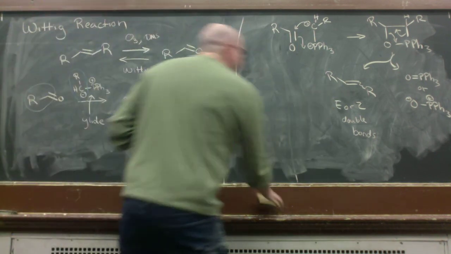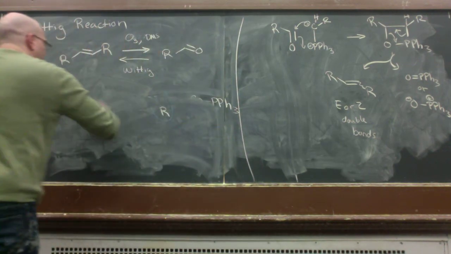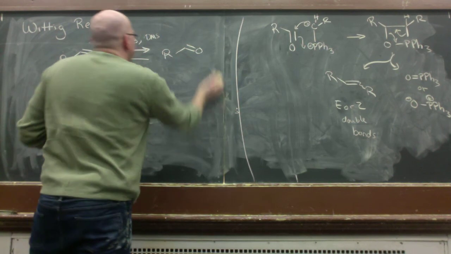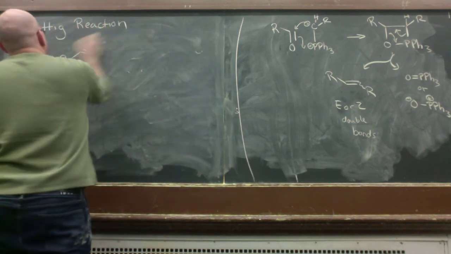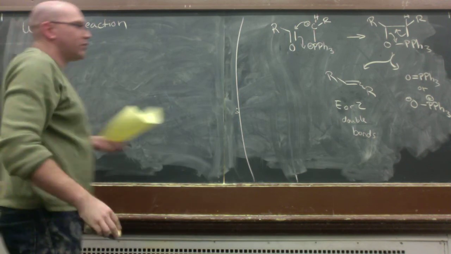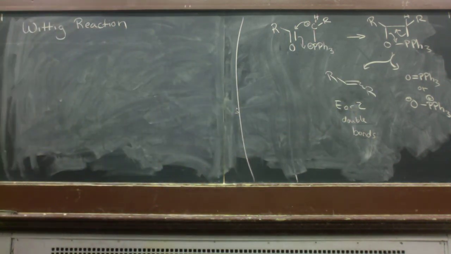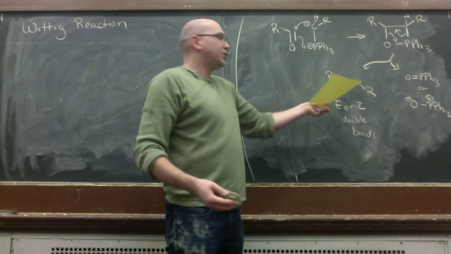But anyways, your E and Z double bonds that can form, it turns out that the reaction is selective. And it's going to depend upon what the R group is over here. So if the R is a proton, it doesn't matter. It's very common that people simply do a Wittig olefination to generate a terminal alkene. So if R is a proton, it'll just generate the terminal alkene.